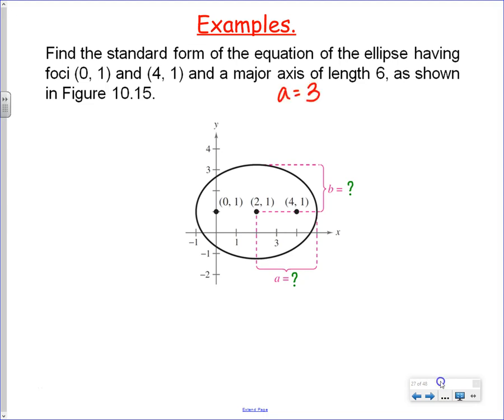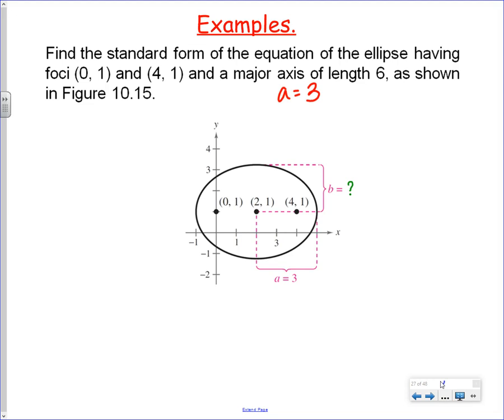We know it's... With a major axis, the major axis is the whole radius. Yeah, I knew it was. So A equals 3.